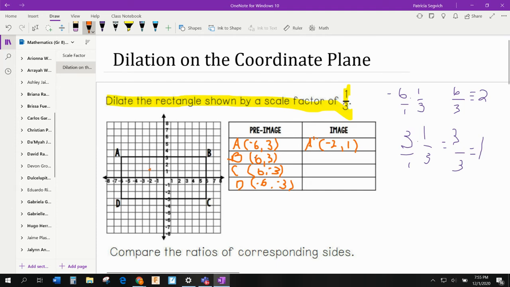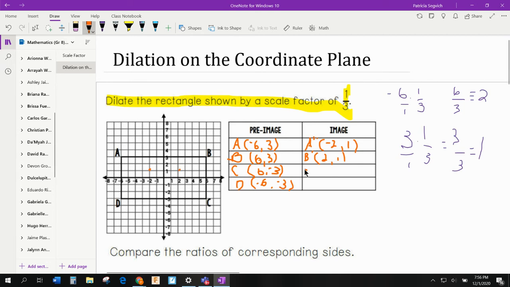Let's do the next one. So I already know for my B prime, I know that 6 times 1/3, we did that over here, is 2. And 3 times 1/3 is 1. So we get a 2, 1. So I'm going to go 2 and 1.